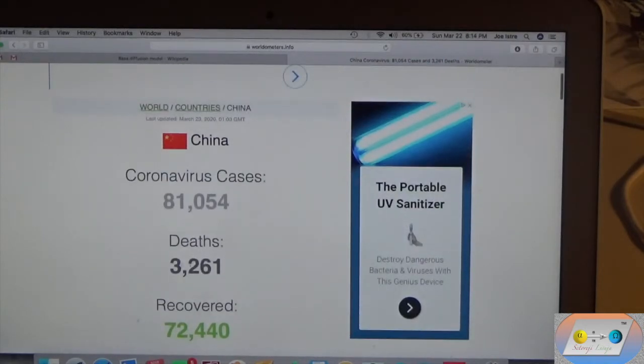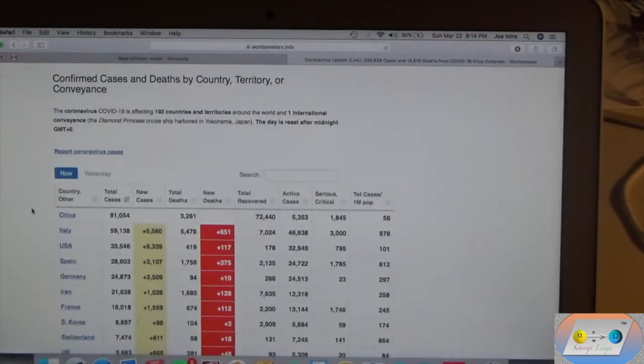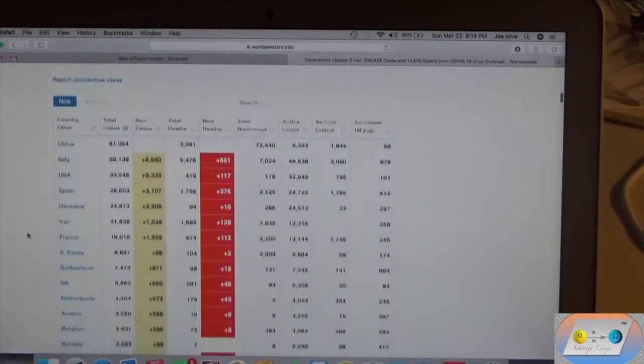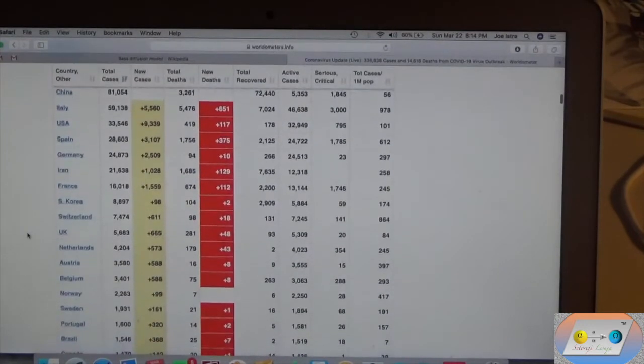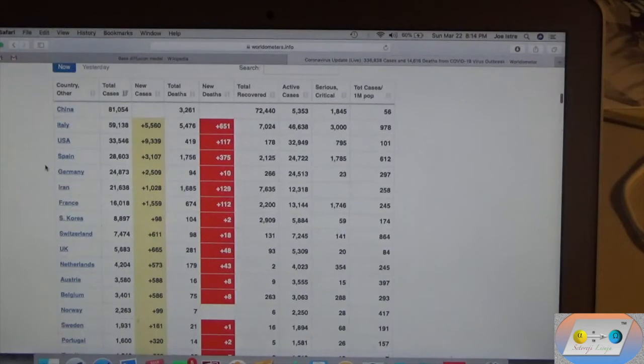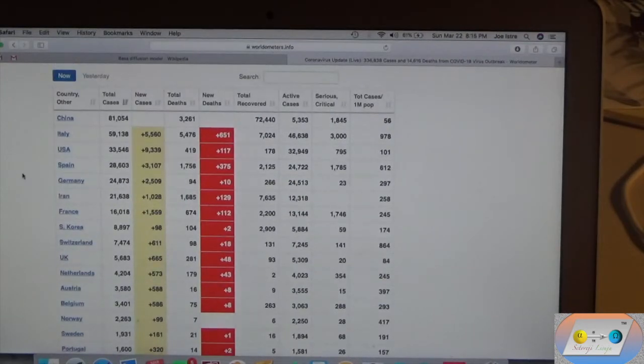You get more deaths from centenarians, people over 100 in the U.S. per year, roughly 20,000 centenarian deaths per year. So if you look at the spreadsheet of the countries, the total cases, it looks like it's organized into total cases, which, yeah, roughly parallels new cases, but the deaths is a bit different. So it looks like there's something goofy going on in Italy, because it's a much smaller nation than USA or China.